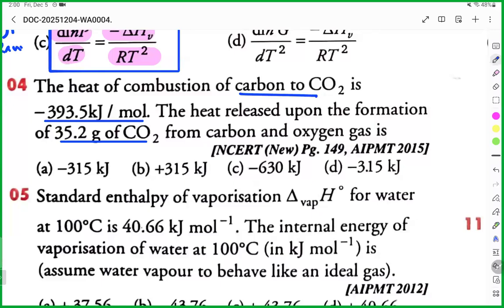Combustion is reactant minus product. Combustion means when you burn something in the presence of oxygen and produce CO2. Yes sir. So the reaction will be C plus O2 equals CO2. We will take a negative sign because in combustion heat is always released.